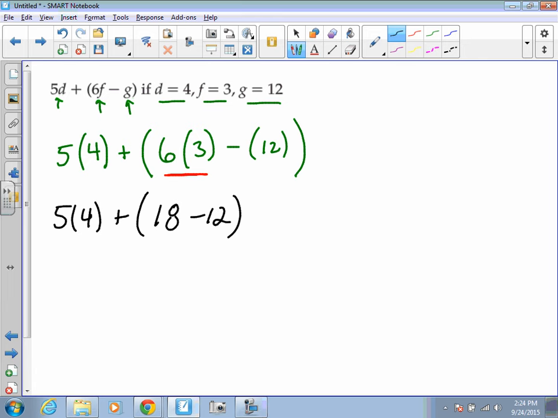Keep on moving down inside. I'm going to do the parentheses next. So 5 times 4 plus 18 minus 12 is 6. So that's taken care of. Now my next part, I look, I have multiplication and addition. I know multiplication goes first, so 5 times 4 is 20. I'm going to go ahead and add 6 to that, and my final result will be 26.